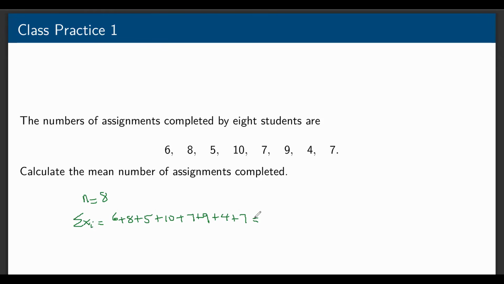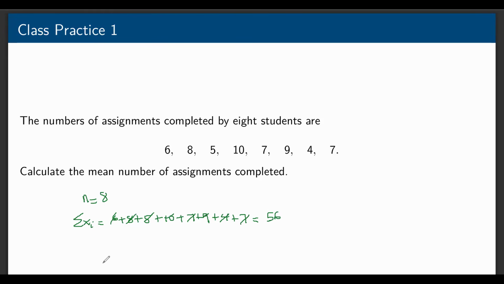That should give us 6 plus 8 plus 15 plus 7 plus 9 plus 4 plus 7, giving us 56.